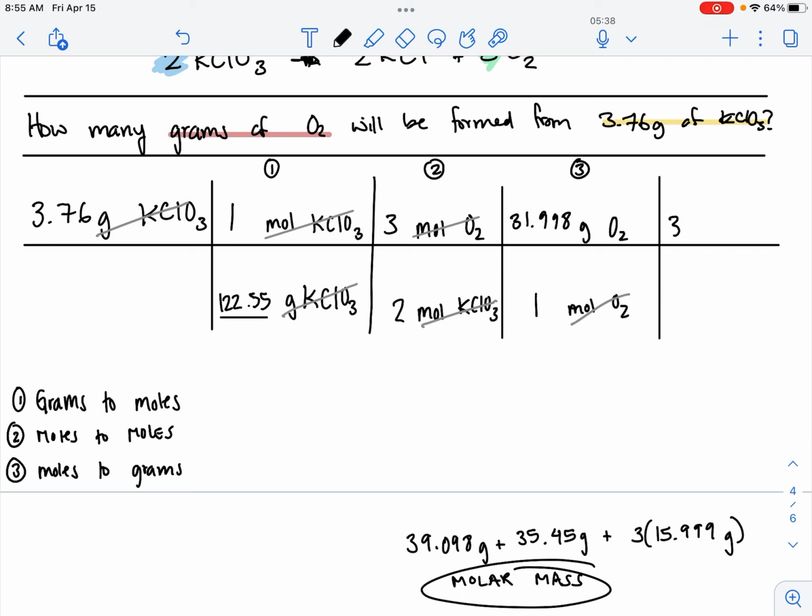Okay, you should get 360.94 grams of O2. Then you take the bottom row and multiply it all together. So I take 122.55 times 2 times 1, and I should get 245.10.